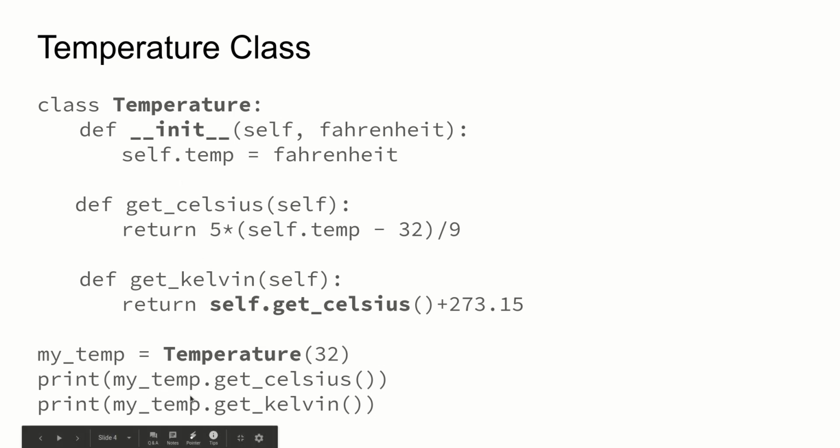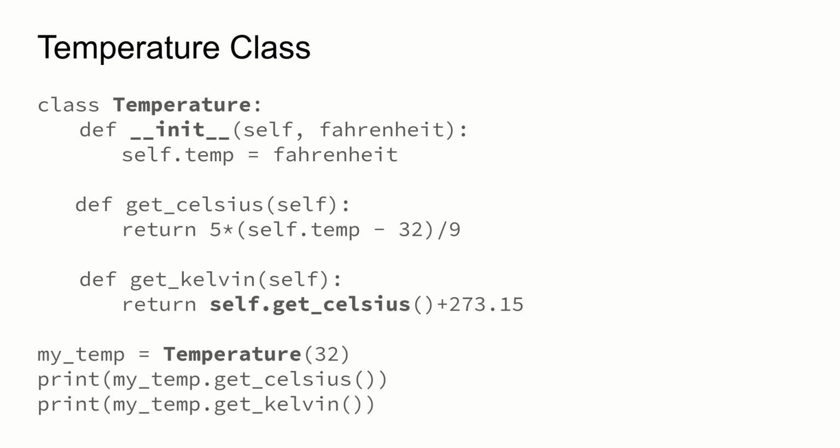So I can say myTemp.temp. In the case of my student class, I could have said a student.id or whatever the variable names were there, a student.name. Those are always accessible in Python.